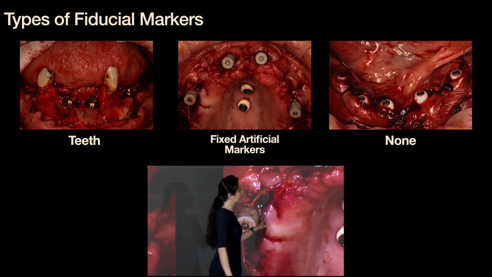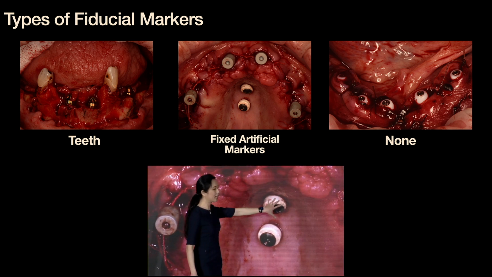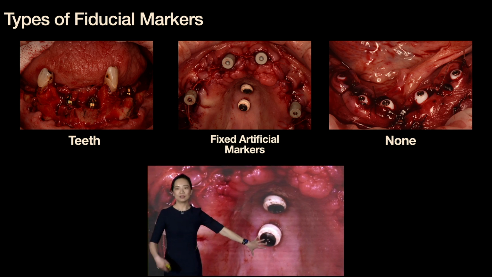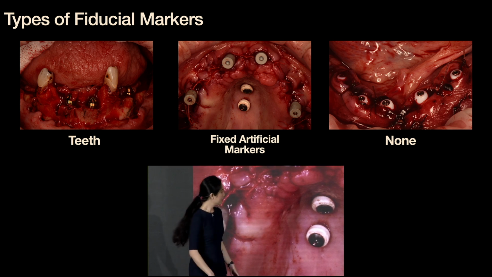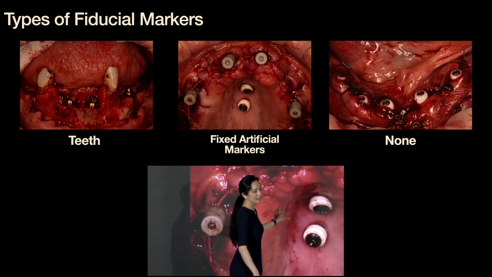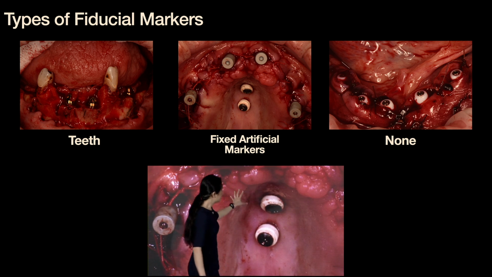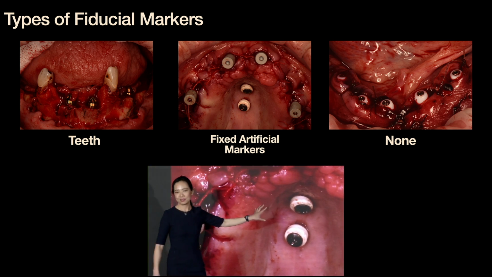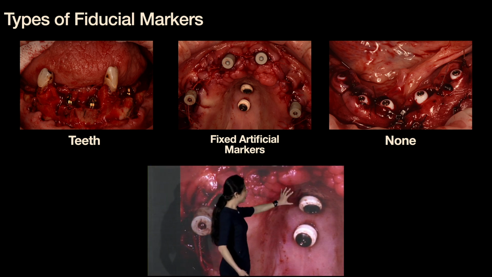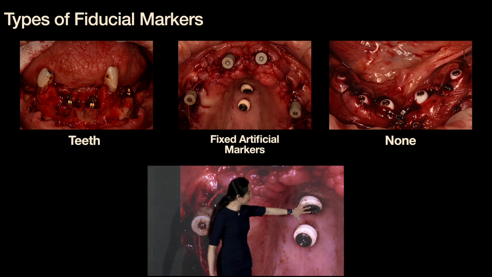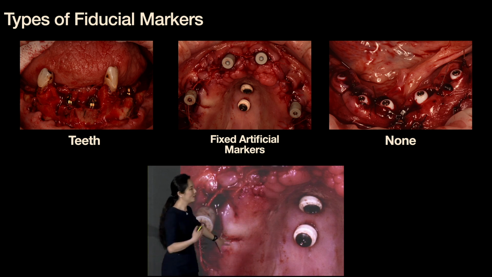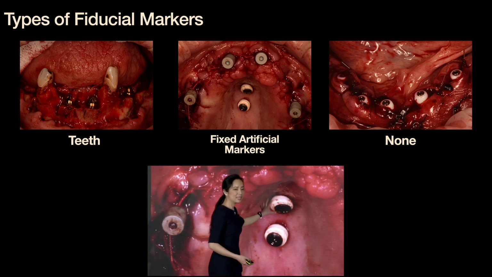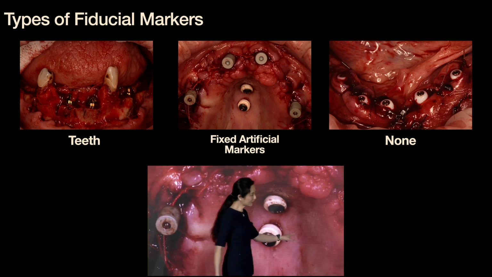The other one is where we choose to tack on some kind of artificial marker, whether it's a white cap or a custom plate. The issue that arises here is that, one, you have to do a rescan right before surgery starts. Not a huge issue. However, if either of these were to move during surgery because someone was too aggressive reflecting a flap and so forth, this data is no longer useful.